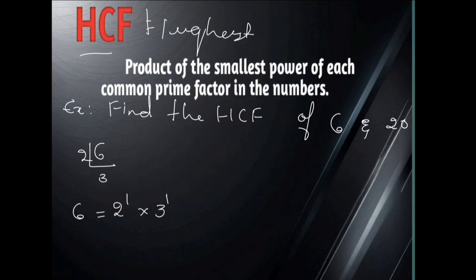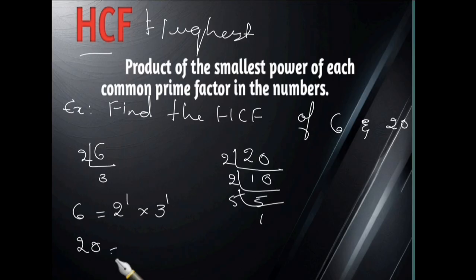I am taking 20, factorizing this number. 2 10s are 20, 2 5s are 10, then 5 1s are 5. So we can write 20 as 2 power 2 into 5 power 1.